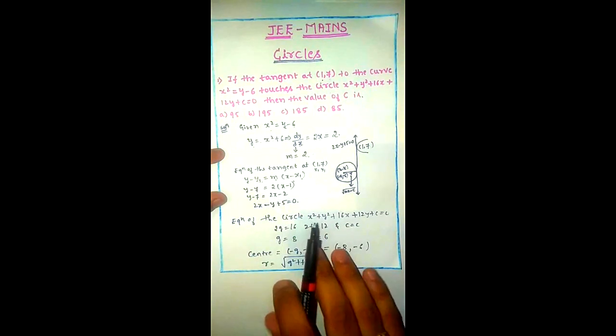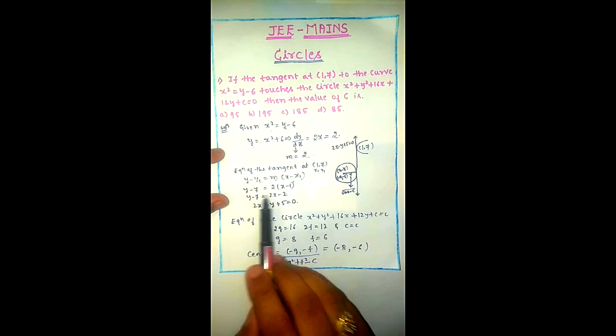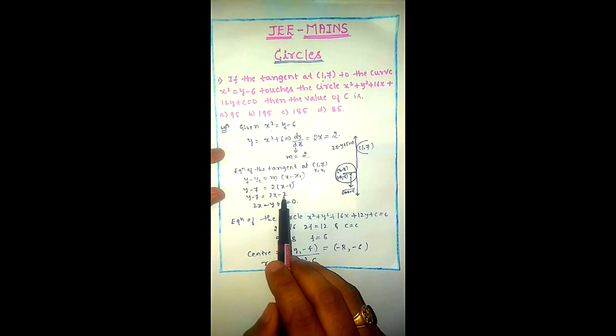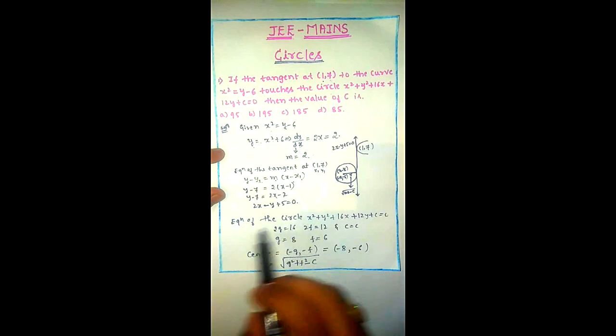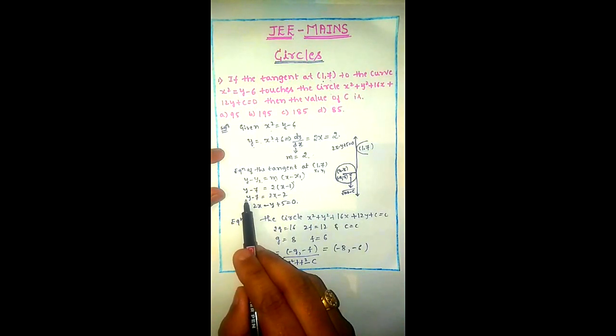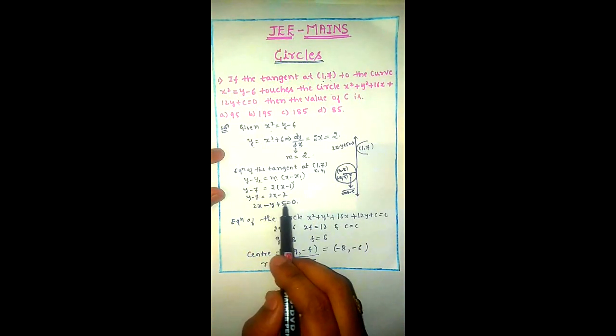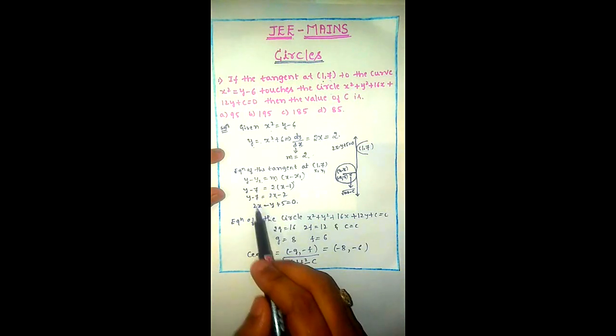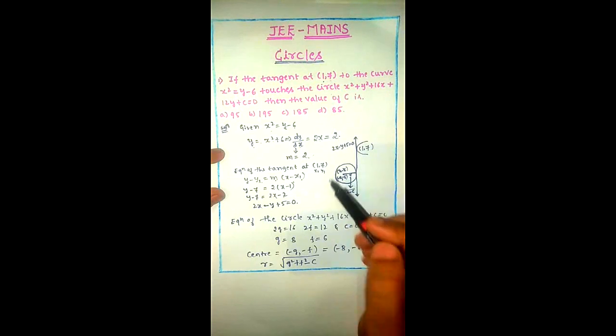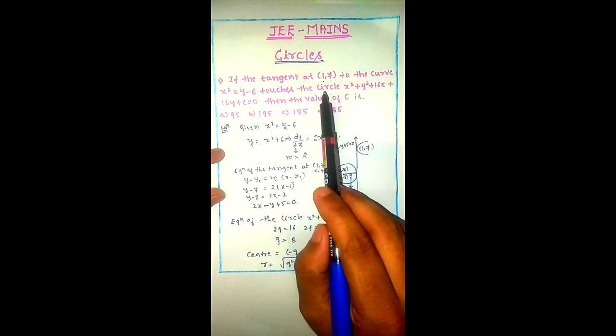Solving this, we get y − 7 = 2x − 2. Taking everything to the RHS, 2x − y + 5 = 0. This is the equation of the given tangent line.